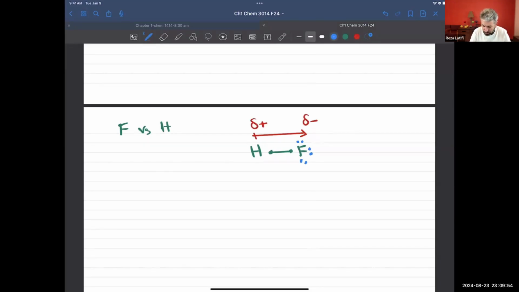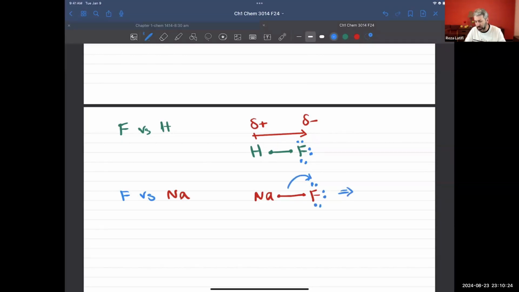Now, pair fluorine with sodium. Sodium is way less electronegative than hydrogen. So what will happen if I pair sodium with fluorine? This is going to happen. These two electrons will be completely taken by fluorine. So what do I get?